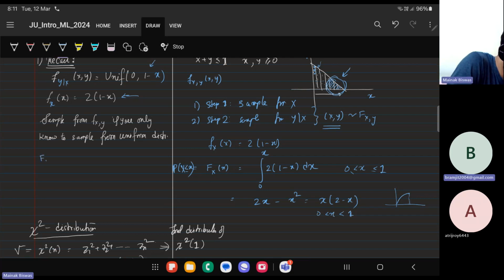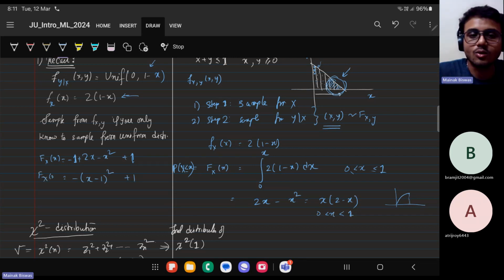So you have to find the inverse, right? So how will I find the inverse? This is the inverse: minus (x minus 1) whole squared plus 1. You make y the subject and then it becomes the inverse, right?